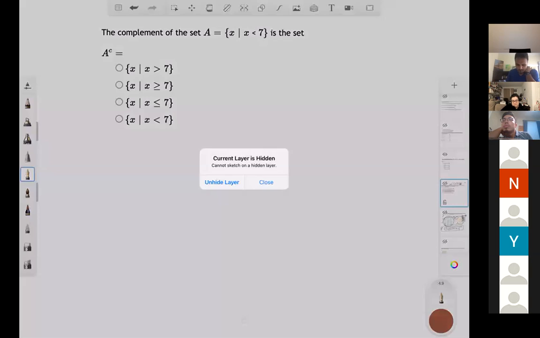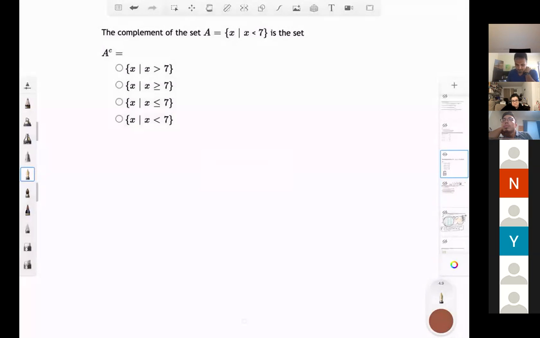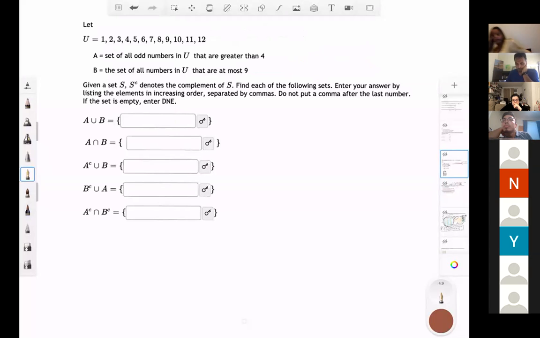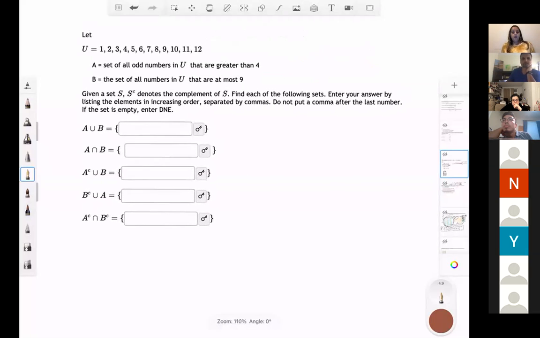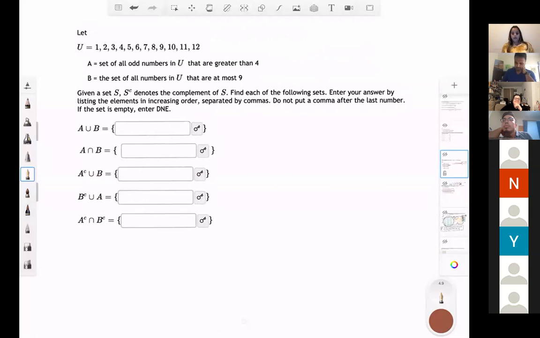Very good. Very nice. This is correct. So A is x less than 7. The complement will be including 7 and more than 7, which is this one. Excellent. So you answer better when your camera is not on. Good, Musa.